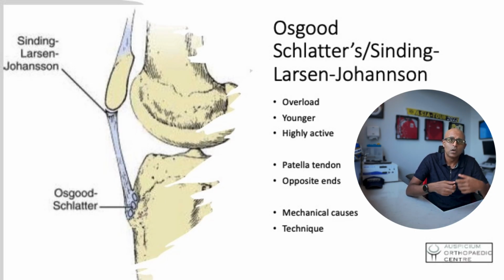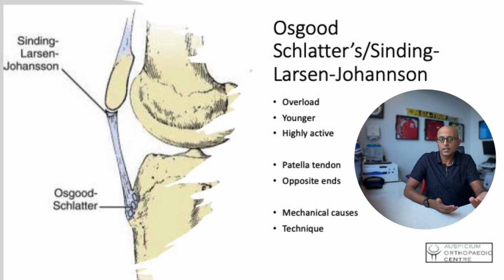Around the front of the knee as well, to go with it, we have things like Sinding-Larsen-Johansson disease or Osgood-Schlatter's, which is essentially an overload of the patellar tendon at different ends. In this situation, it's important to go back to the history as well and look at the training load that the athlete may be putting themselves through, looking for any rest periods, and then identifying what can be done in terms of offloading that tendon and hopefully reducing the impact training has on it.